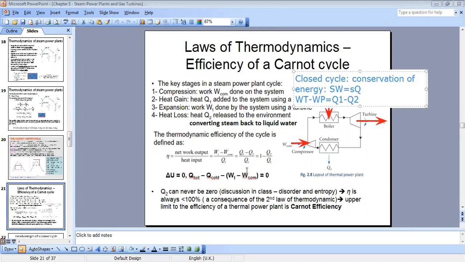If I simplify, I get 1 minus Q2 over Q1. And as you can see, the efficiency is never 100%, and this is a confirmation of the second law of thermodynamics, which states that for a heat engine I can never reach an efficiency of 100%.